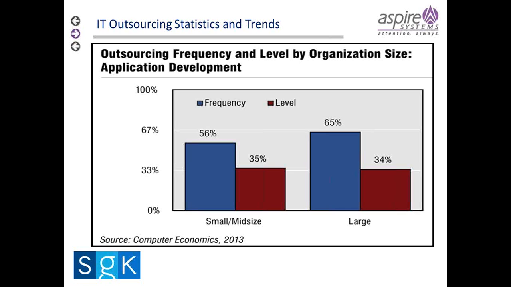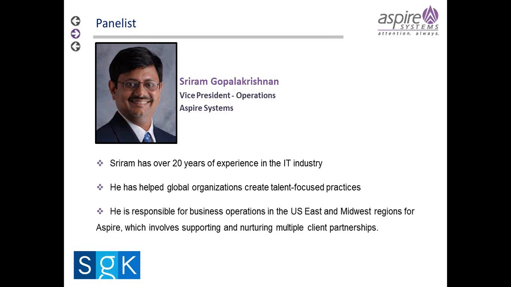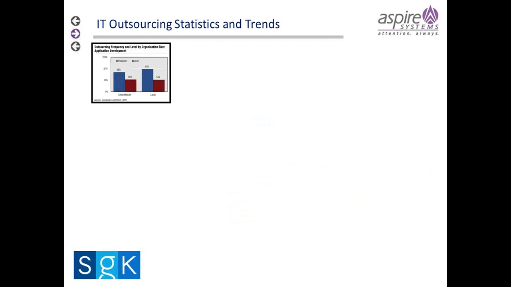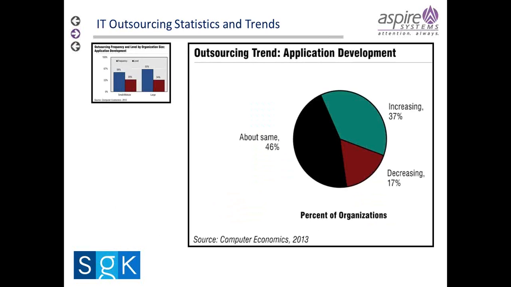And do we expect the trend to continue? Would this continue to be relevant? Well, another part of the study by Computer Economics brought out a very significant fact. There are some companies who have reduced their budget allocation towards IT outsourcing, probably because some work has come in-house.